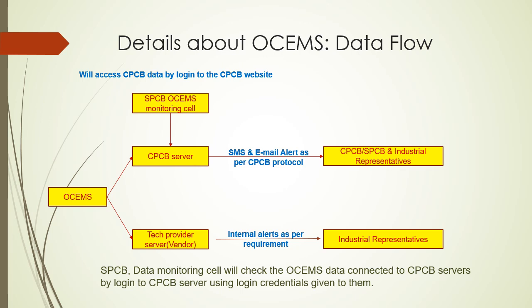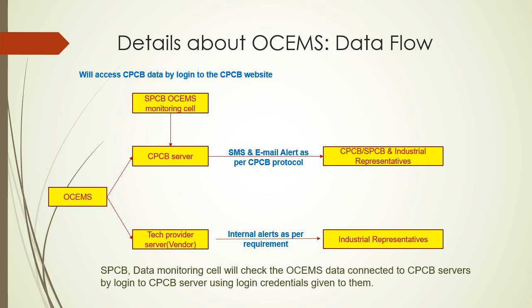For example, if there is a parameter like COD, it will go directly to the CPCB server, and then from the CPCB server, if there is any alert, it will come back to CPCB and the SPCB as well as the industrial representative, which is the organization that has installed this OCEMS.